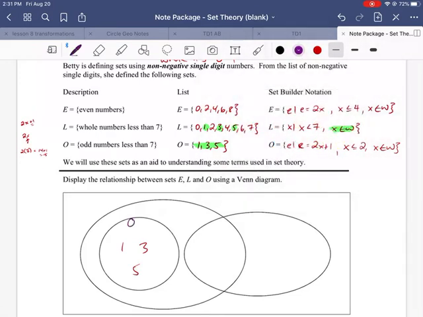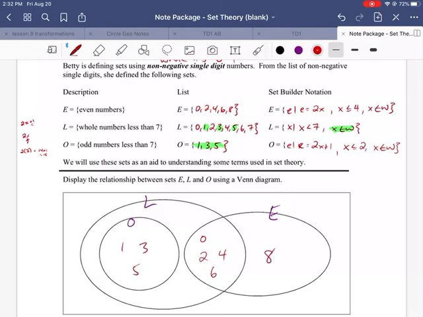So this is set O. And if we add in 0, 2, 4, and 6, we get the other options for set L. And our last set is E. Now, is there anything in set E that is not in the other set? The only number in set E that isn't in set L is the number 8.